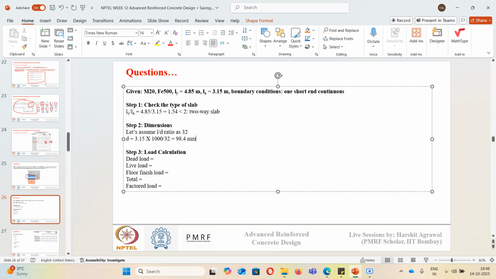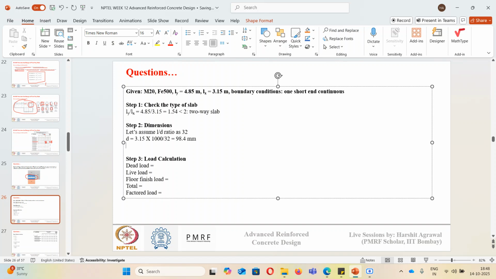Once I know the effective depth d, I will assume a clear cover of 20 mm and a rebar diameter, suppose 8 mm diameter rebar, which we are using for design.